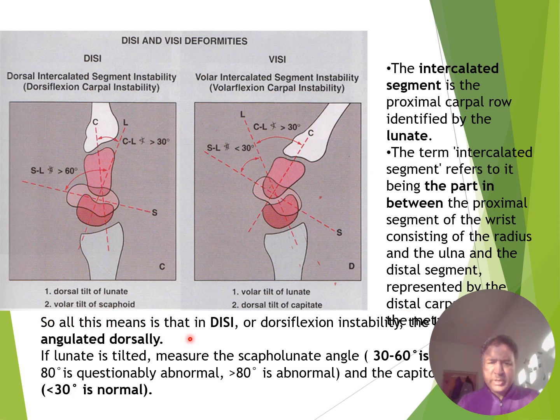So all this means is that in DISI, or dorsiflexion instability, angulated dorsally, if the lunate is tilted, measure the scapholunate angle: 30 to 60 degrees. 80 degrees is questionably abnormal, greater than 80 is abnormal, and less than 30 is normal.